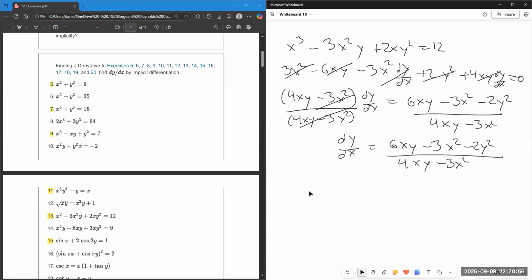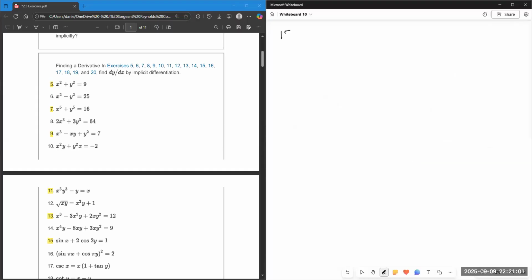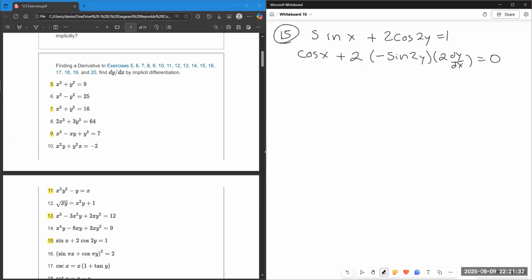On to number 15. Starts with sine of x plus 2 cosine of 2y is equal to 1. Derivative of sine is cosine, plus hold that constant multiplier of 2. Derivative of cosine is negative sine. Take the derivative of the inner function, and the derivative of that constant is 0.